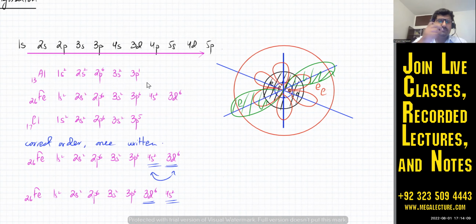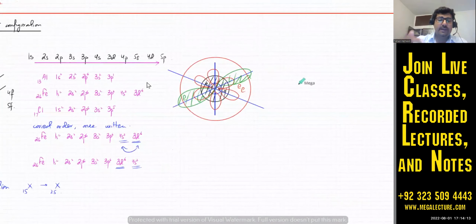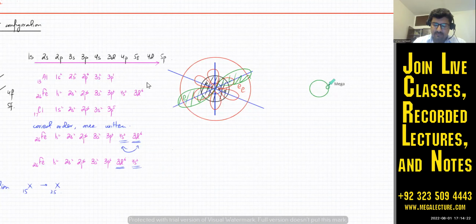Now this is very similar to what you have studied already in O levels, where you just had neat circles, that's it. You get 2 electrons, then 8 electrons.